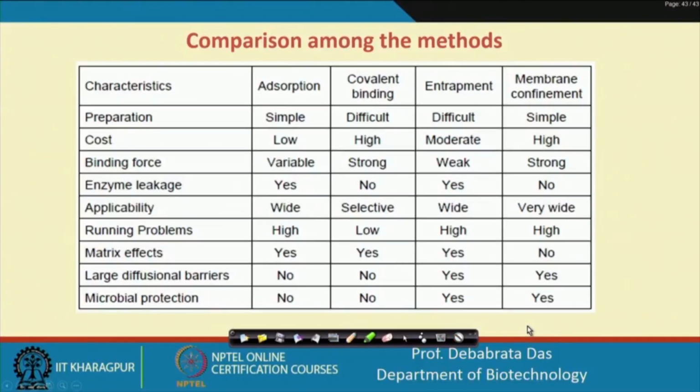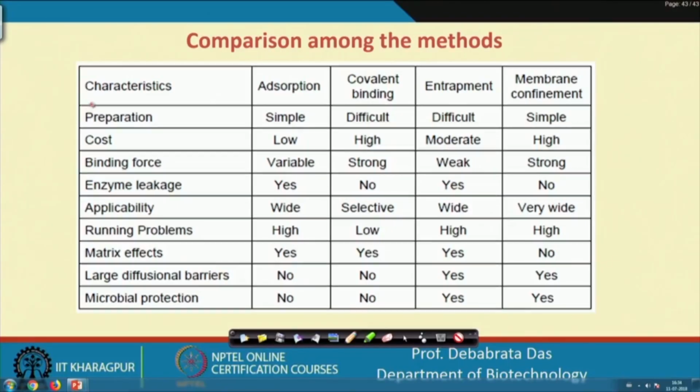Now, when we select the immobilization method for the enzymes, it depends on the characteristics, on what kind of characteristics we are really looking for. Here I want to stress one very important thing: all immobilization techniques are not suitable for all enzymes.